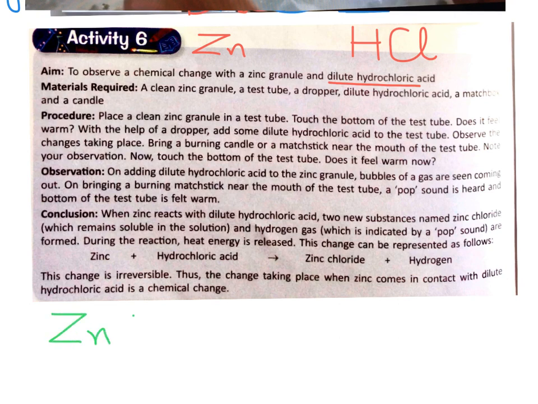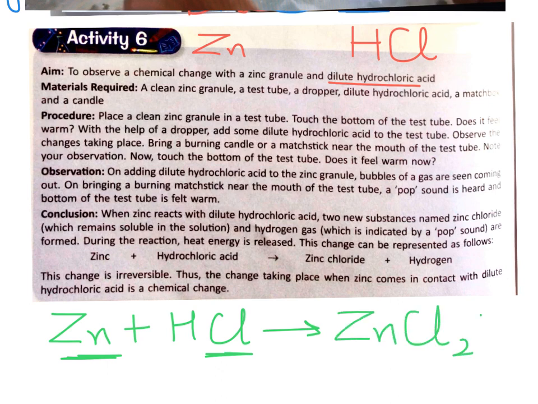Zinc, when it reacts with hydrochloric acid, the zinc and chlorine will combine together and form zinc chloride, and you will get hydrogen gas. This change is irreversible, thus the change taking place when zinc comes in contact with dilute hydrochloric acid is a chemical change. Let's perform another activity.